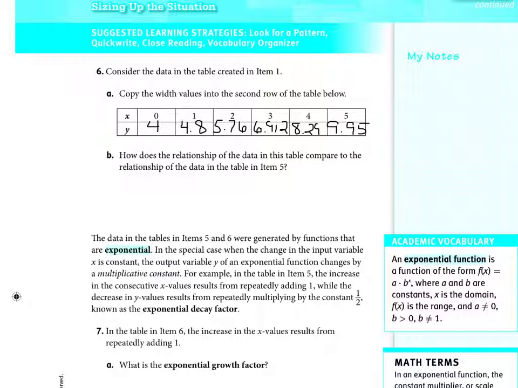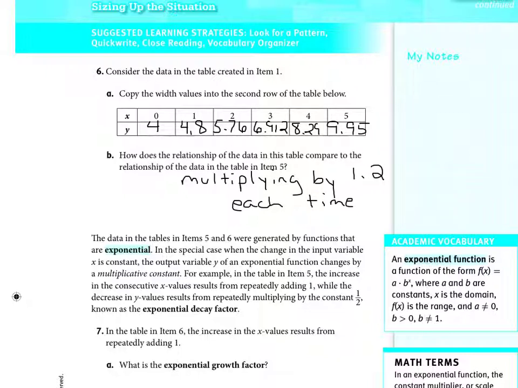So we're not adding the same thing each time. They're not half of each other. What's happening, remember, is that we're multiplying by 1.2 each time, because we're increasing by 20%.